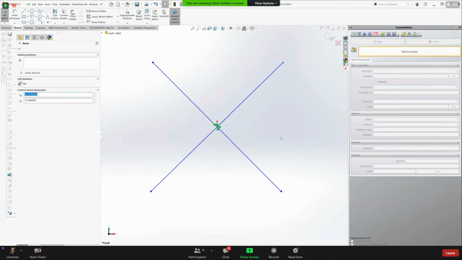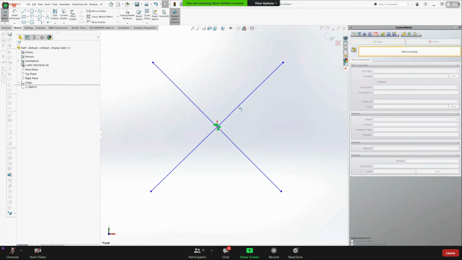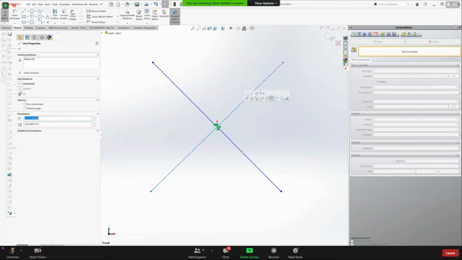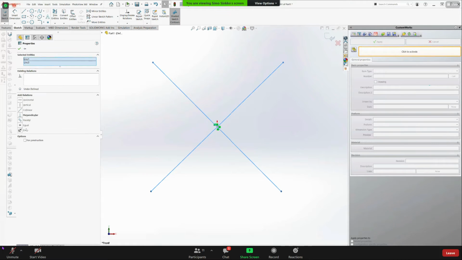Then I can say that these are equal length because it's a symmetric scissor lift. So I select both lines and say that there is a relation that they are equal.